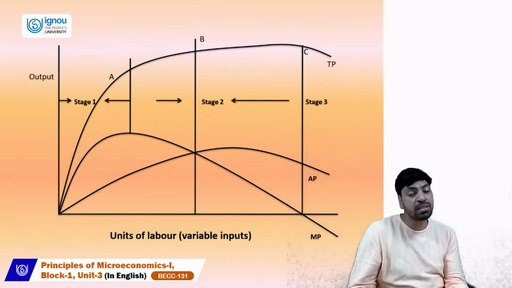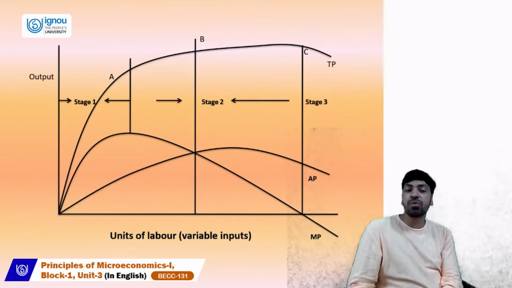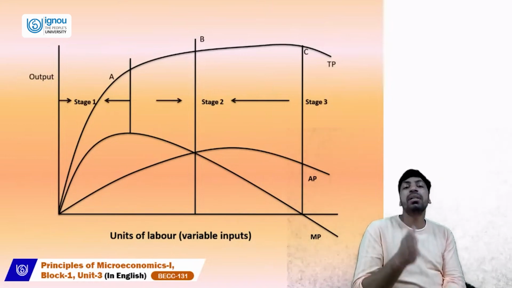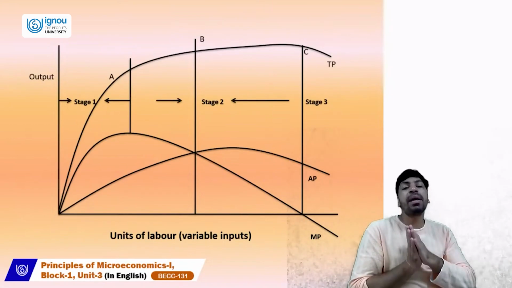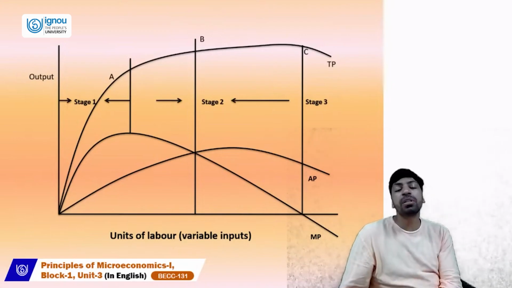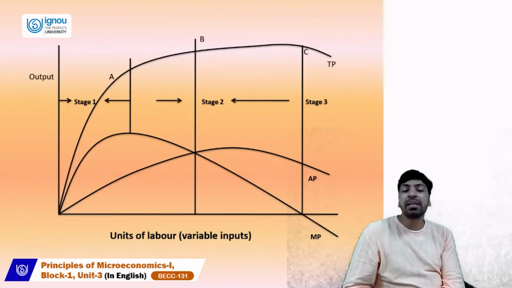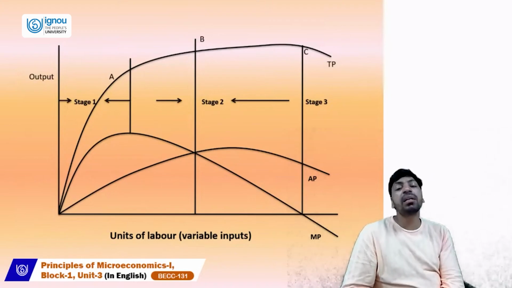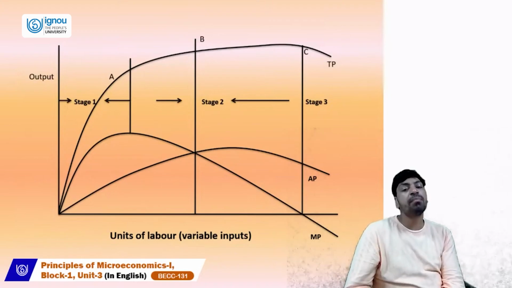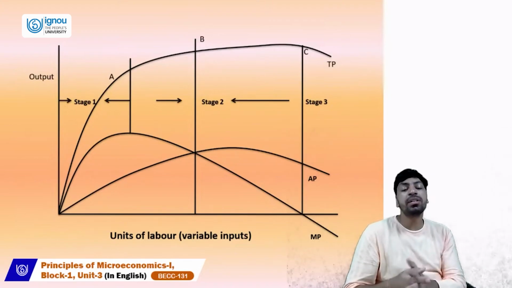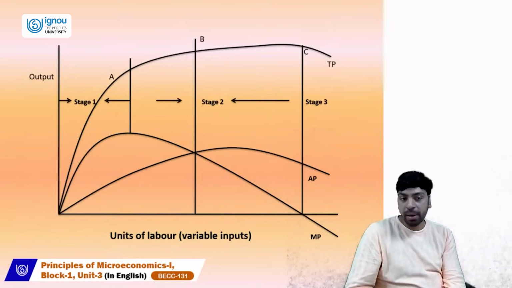If you look at the diagram on the screen, it is already shown. At that certain peak point, the marginal product and average product become equal or cut at one point.